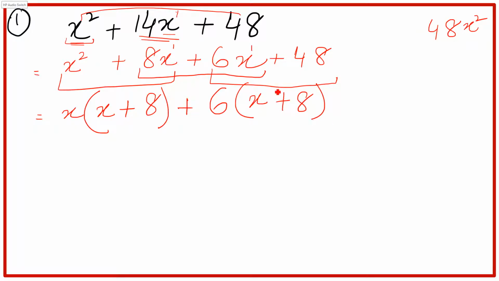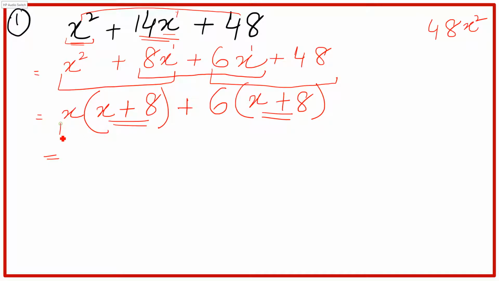In these types of questions, when we break or write the middle term in such a way that when we add or subtract we get this, and when we multiply we get this, always keep in mind, in both parentheses you should have exactly the same thing. If it is x positive 8, it should be x positive 8. If it is, suppose, x negative 8, it means we made some error. So these two parentheses should be the same.